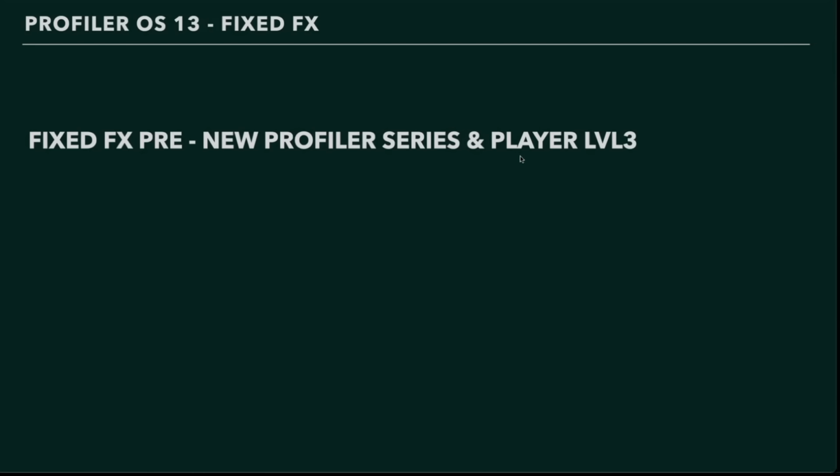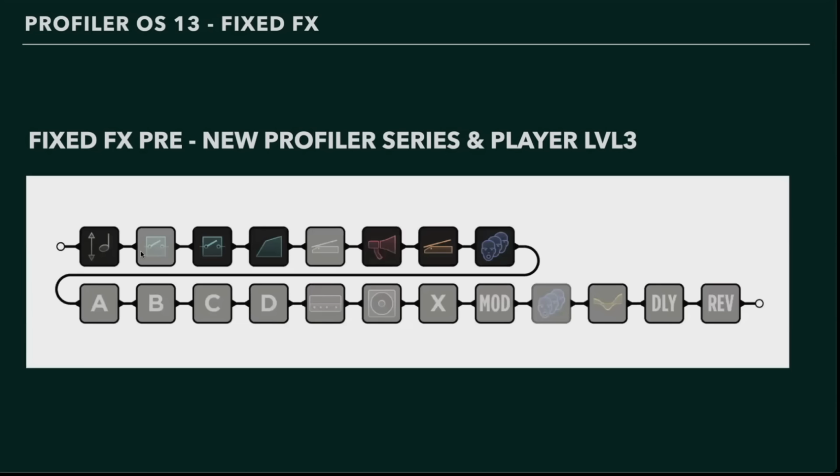For the new Profiler series and player level 3 are these ones here. So you can see this one is an input noise gate, the old input noise gate, so it's not darkened here. And this is the volume pedal, which is set in front at the input location. You can place it somewhere else.